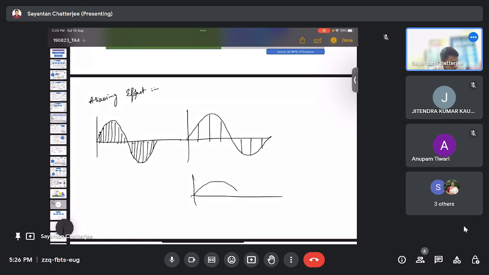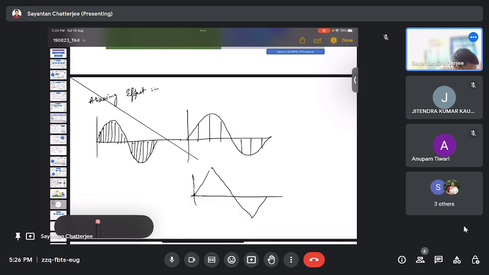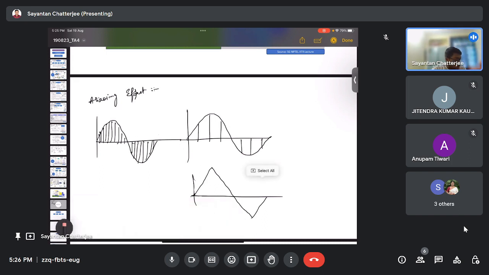Suppose this wave, the peaks of the wave, can be framed. Means there would be some peaks which shouldn't have occurred in this scenario.